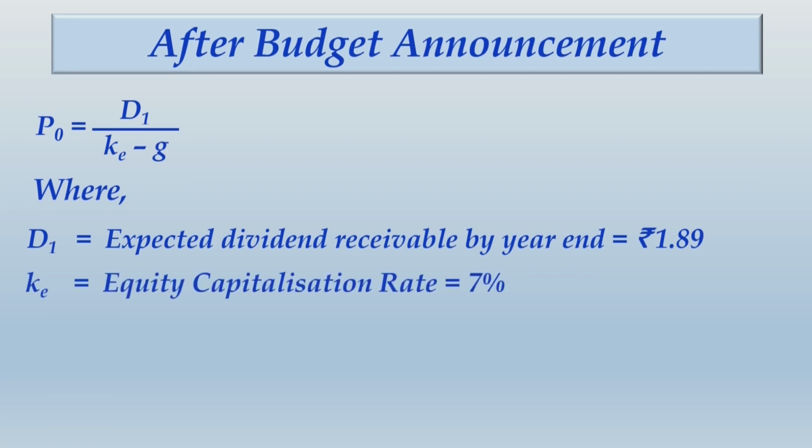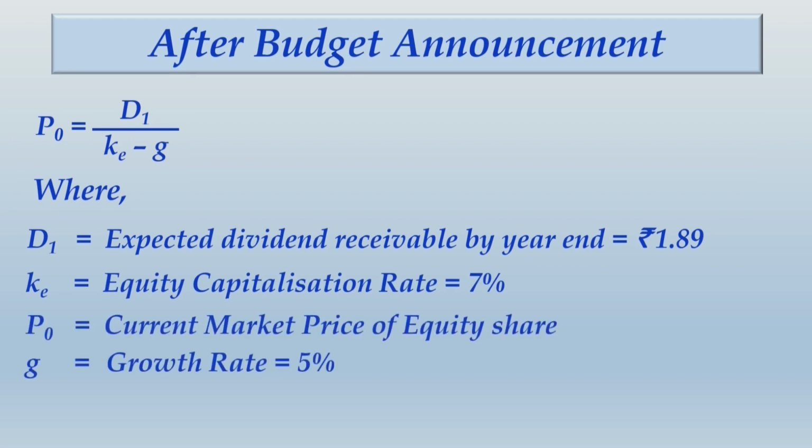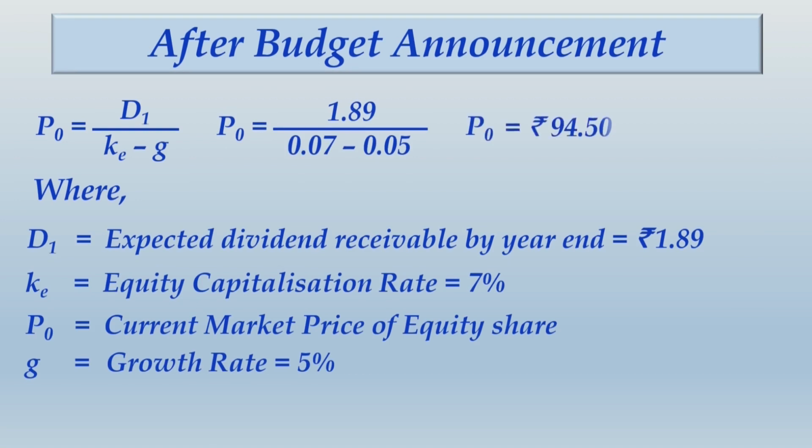D1 now will be 1.89, KE will be 7%, P0 is what you have to find, and growth rate remains 5%. So P0 would be 1.89 divided by 0.07 minus 0.05. P0 will be rupees 94.50. So write up this also, and that would be the end of the solution.